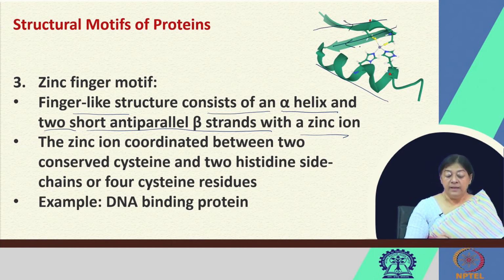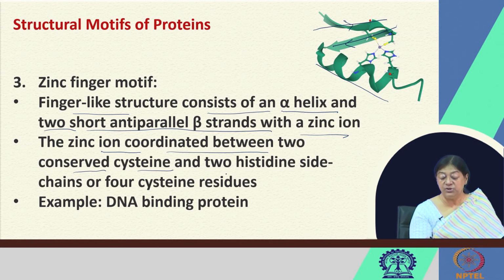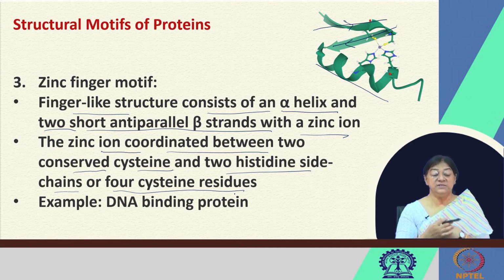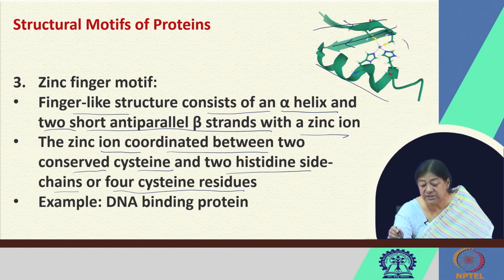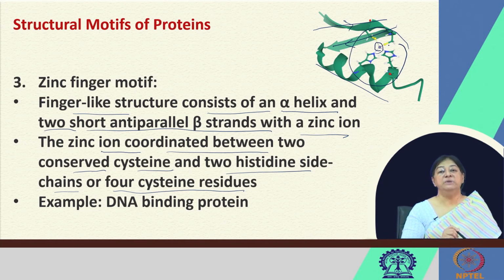The zinc ion there is coordinated between 2 conserved cysteine and 2 histidine side chains or 4 cysteine residues. So, this, as we can see, is a very unique combination of residues that are required. This particular scaffold is required to hold the zinc ion in place.